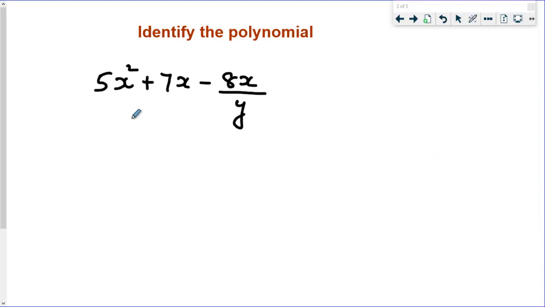For that, first we have to check what the variables are. Here the first term is x, here also x, here x by y. In the last term, the variable is in the denominator. If the variable is in the denominator, then we can say that the given expression is not a polynomial.